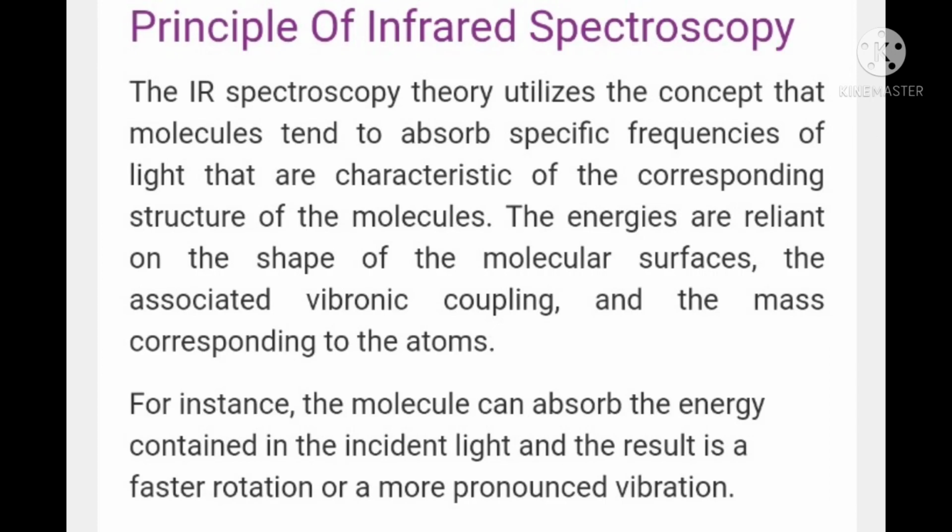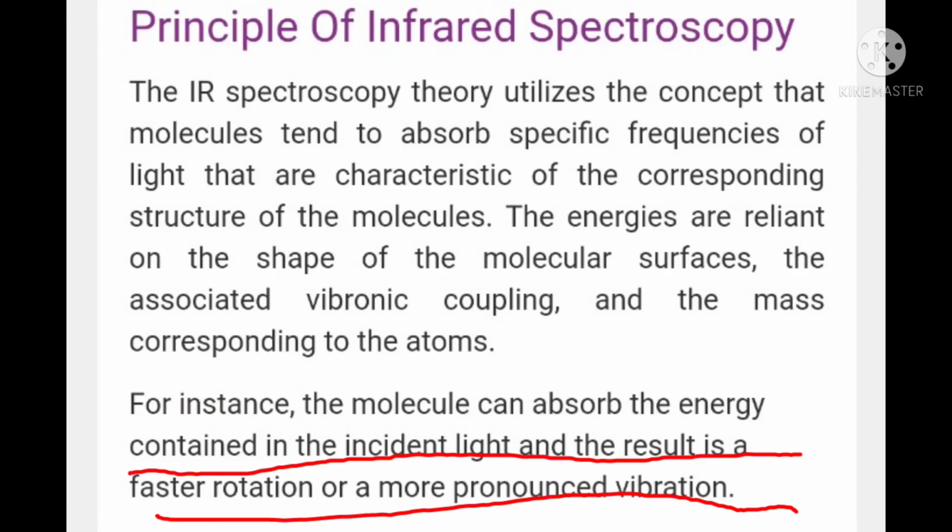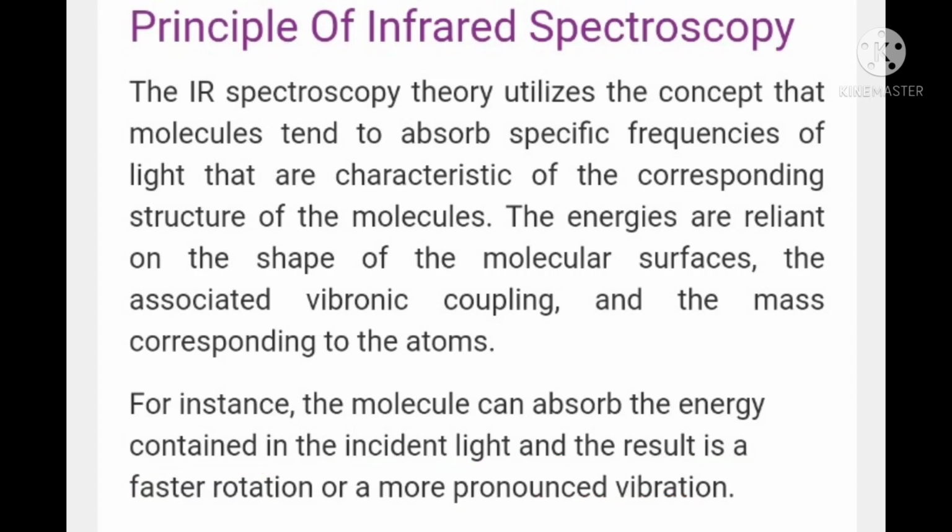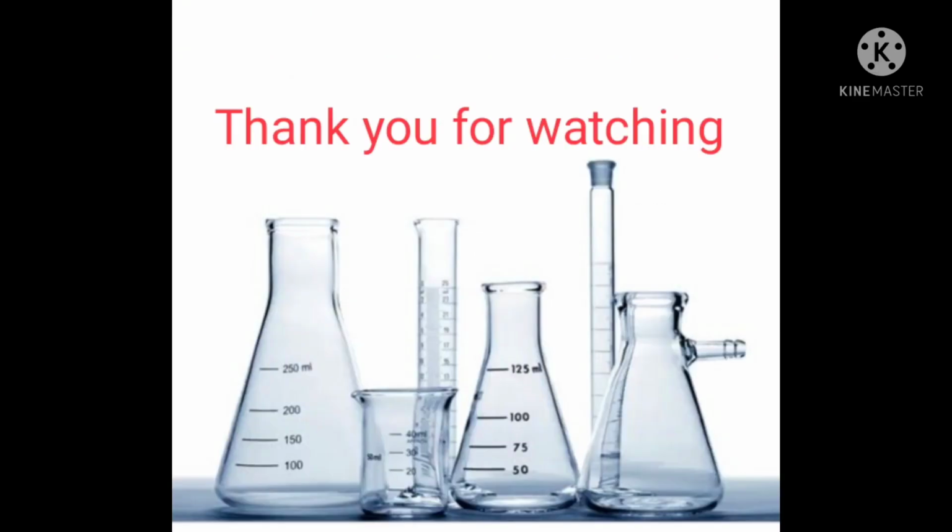For instance, the molecule can absorb energy contained in the incident light, and the result is faster rotation or more pronounced vibration. Okay, this is the principle of IR spectroscopy.